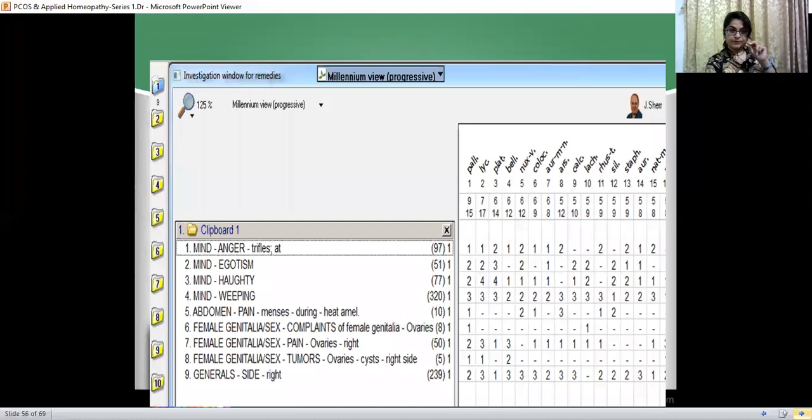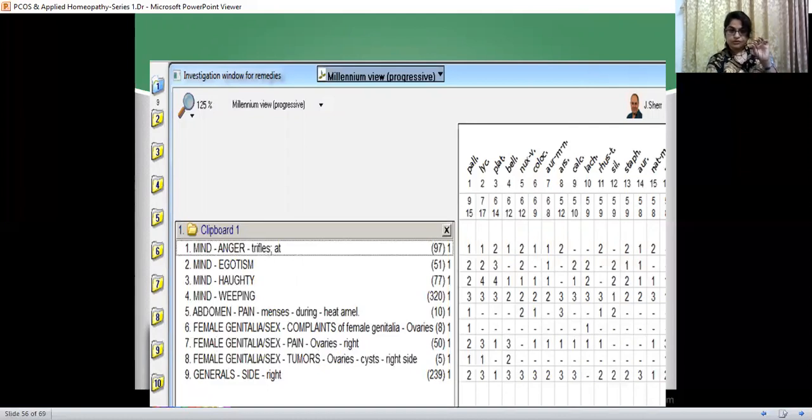So these were the rubrics taken: mind, anger, trifles; mind, egotism; mind, haughty; mind, weeping; abdomen, pain, menses during, heat amelioration; female genitalia, ovaries affected; female genitalia, pain, ovaries, right; female genitalia, tumors, ovary, cyst, right side. Location is more important, modality is important, general side right. See, location and modality are covered, and mind is covered.